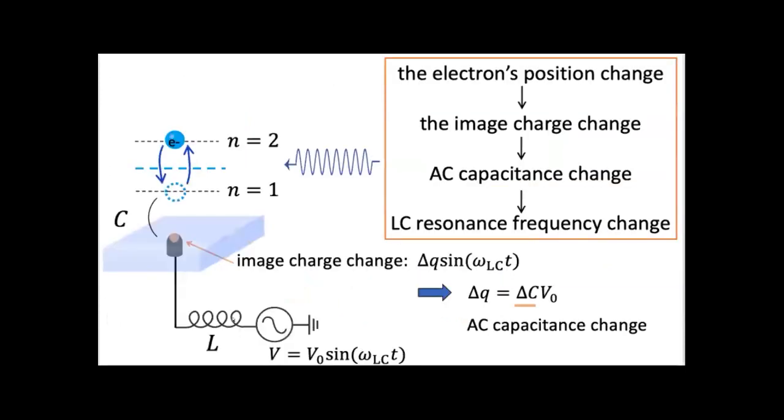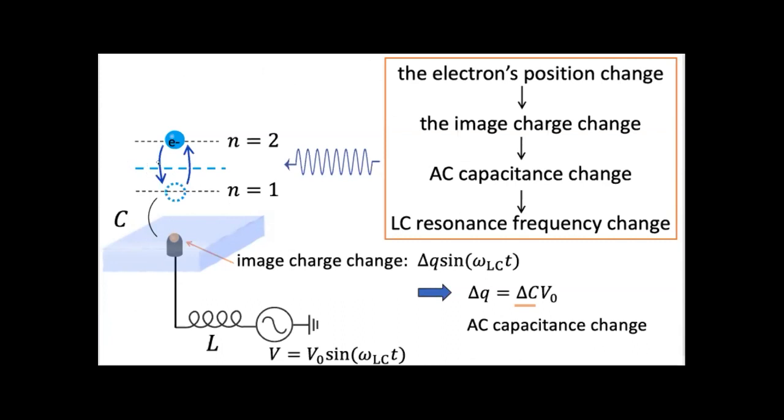So we connect an inductance to this cylindrical electrode. Thanks to this capacitance, together with this inductance, we can form an LC resonator. We continuously apply a resonant 200 gigahertz microwave, and then the electron moves up and down between the Rydberg ground state and the Rydberg first excited state.